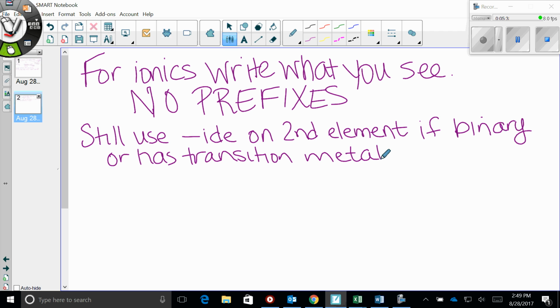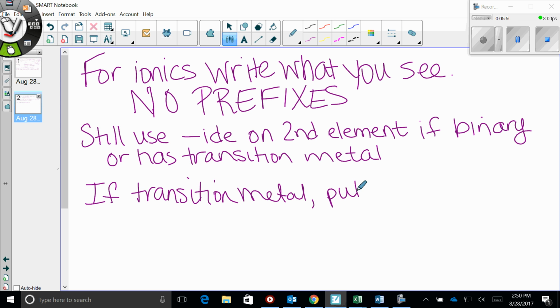All right. If this is transition metal, you need to put the transition metal charge as a Roman numeral.